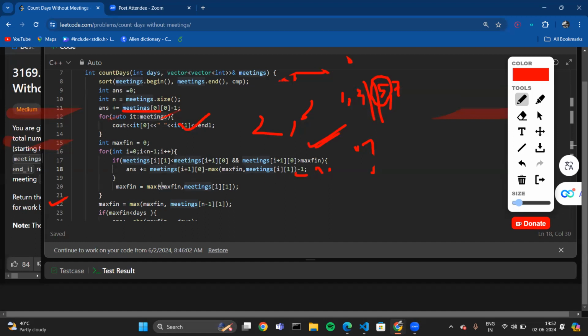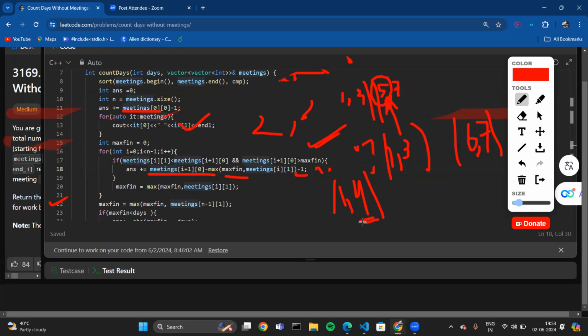Then I am sure that there might be some element in the range. So what I need to add is the number of days, which is nothing but the upper limit minus the maximum of the max number I had. For example, let us say 1 comma 3, and here it was 6 comma 6, and let us say there was some query prior, 1 comma 4.